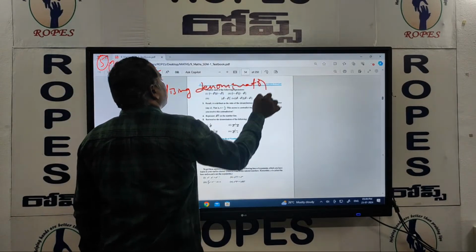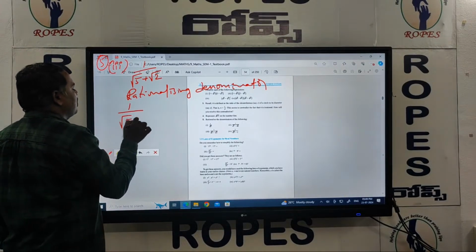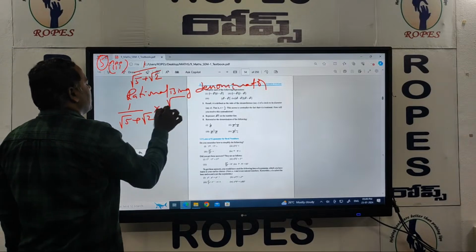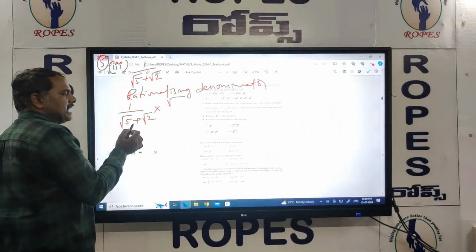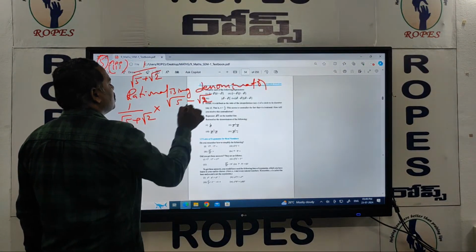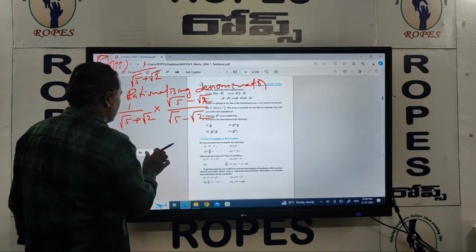In rationalizing the denominator, 1 by root 5 plus root 2 they have given, so here plus is given, then we have to take minus: root 5 minus root 2 by root 5 minus root 2 we can write.